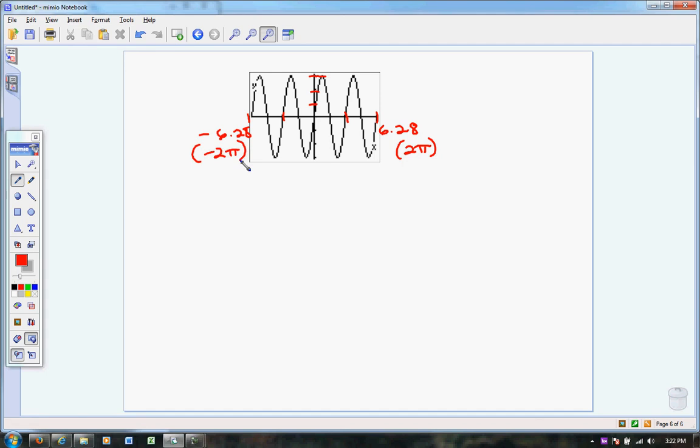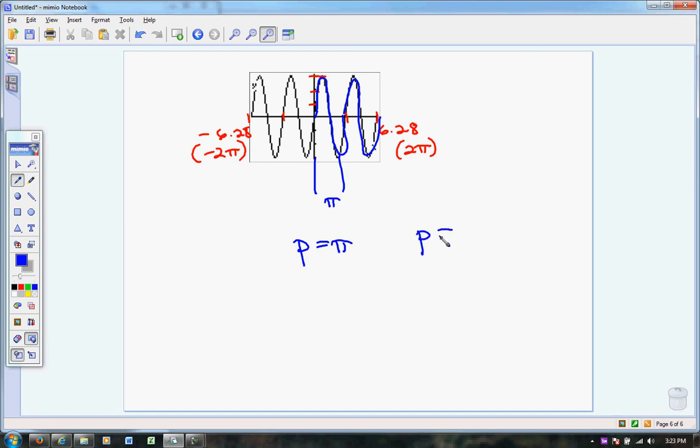If you notice, we have 2 periods of this sine function happening within 2 pi. 2 periods took place, which means 1 period right in here is pi. So if a period is pi, then we have to think backwards a little bit.